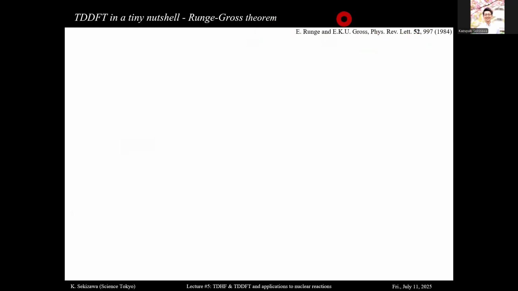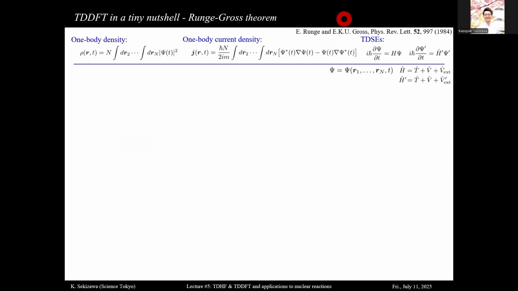Okay. So we will just use those notations. Okay. So this is one body density rho. This is just a definition. And this psi, I just abbreviate the coordinate dependence in psi. So, but this is just a definition of one body density.